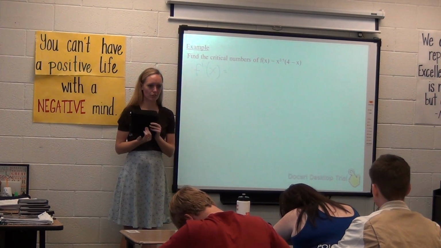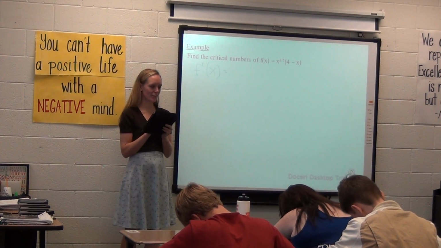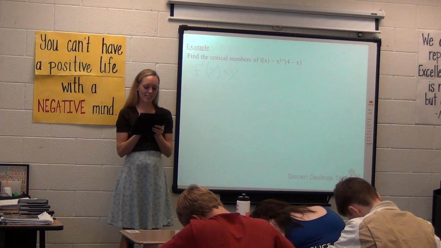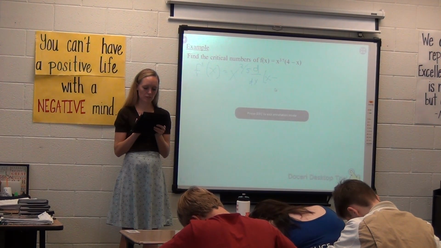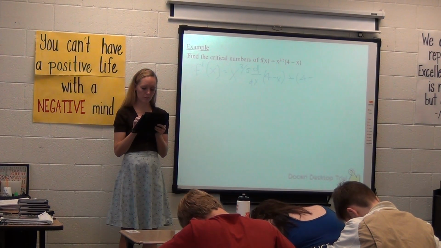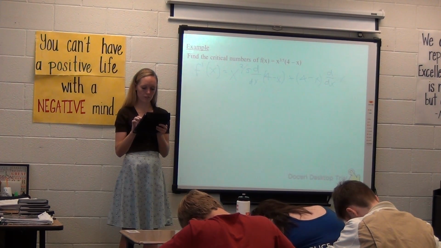What do I do to derive this? Product rule. The product rule is the first times the derivative of the second, plus the second times the derivative of the first.